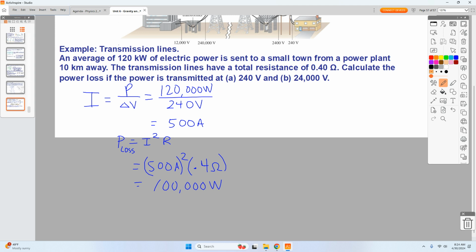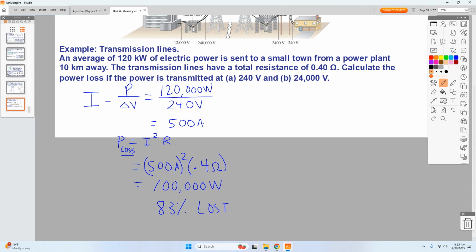I'm only giving 120,000. So if I'm losing 100,000 of 120, I would say that now that's the loss of power. That means that I'm 83% lost. You guys agree that's very inefficient? I'm only retaining, what, 17% of the energy is useful.